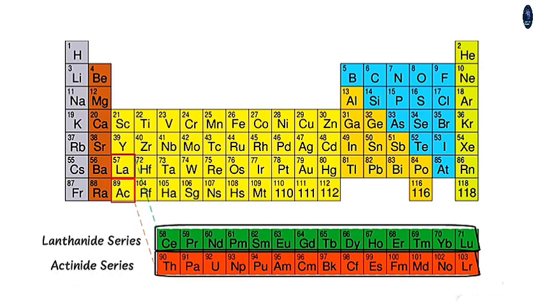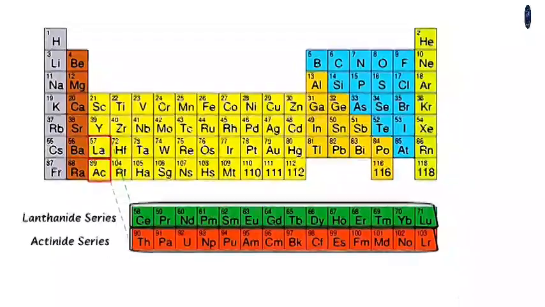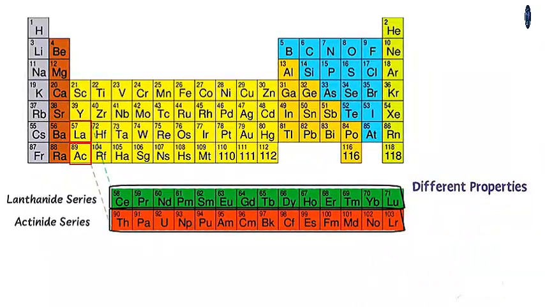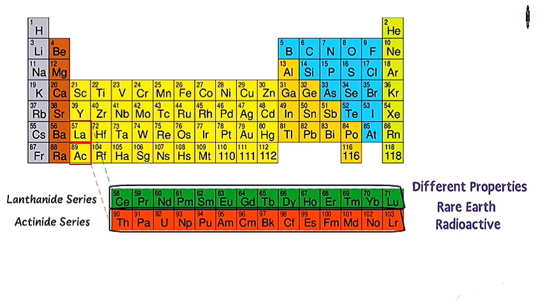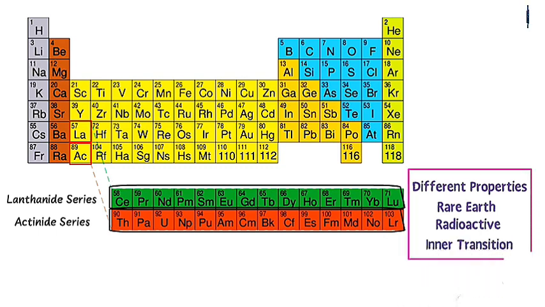Now you may be thinking why the elements of the lanthanide series aren't placed after lanthanum and the elements of the actinide series aren't placed after actinium. Well, it is because these elements have different properties. For example, these elements are rare earth elements. Secondly, they are radioactive elements. And also, they are known as the inner transition elements. Thus, due to these properties, they are placed at the bottom of the modern periodic table.